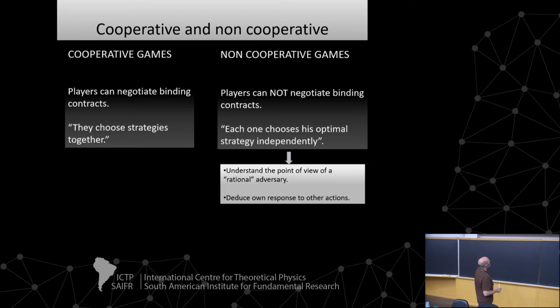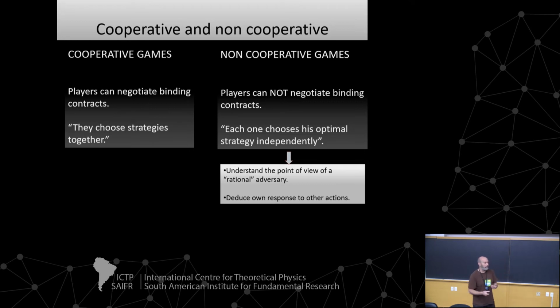So, what is important in non-cooperative games? The player adopts the point of view of a rational player. And also, I should understand that my adversary also will play rationally. So I have to understand that I will play rationally, but my opponent will also play rationally.